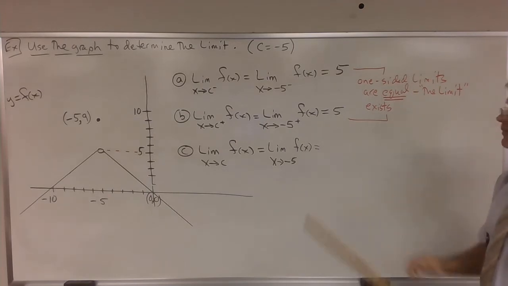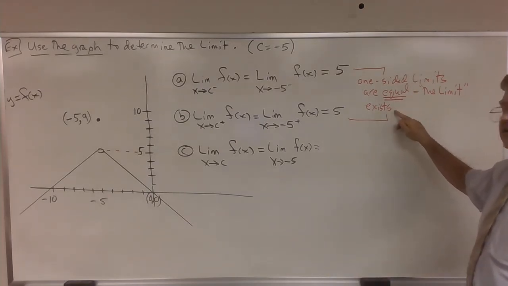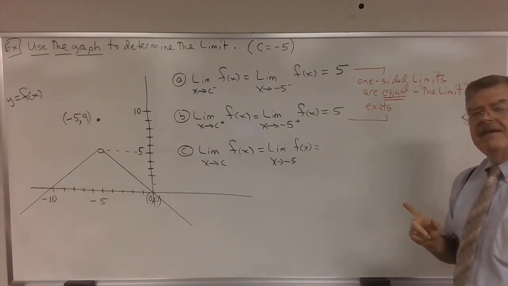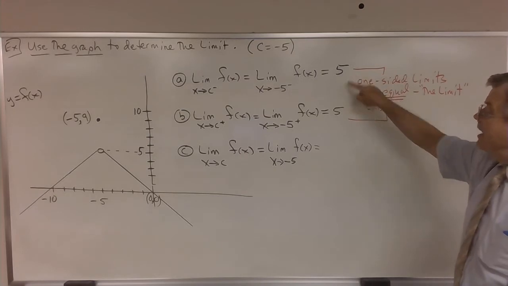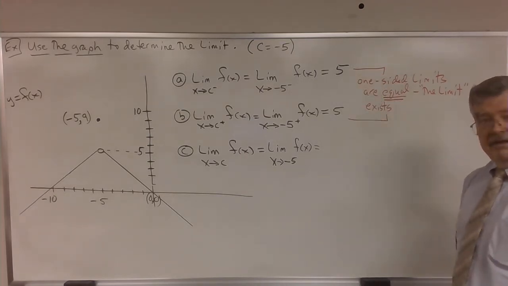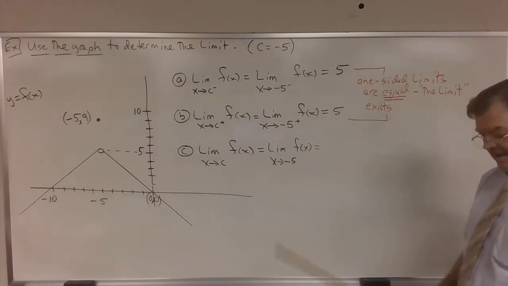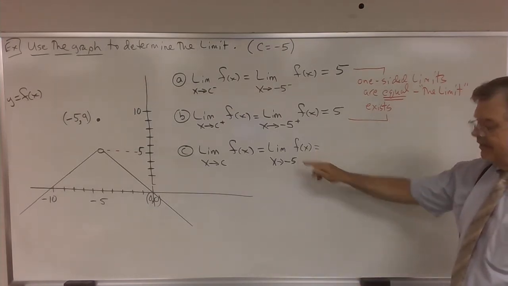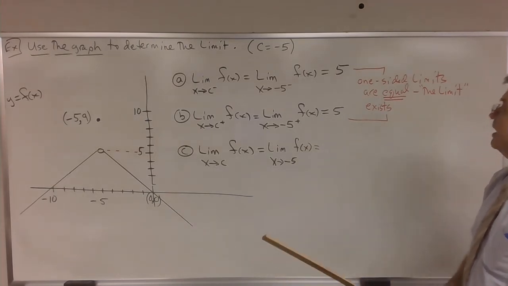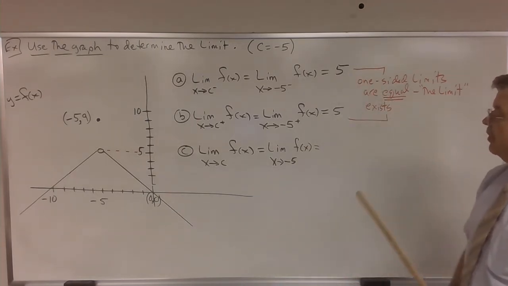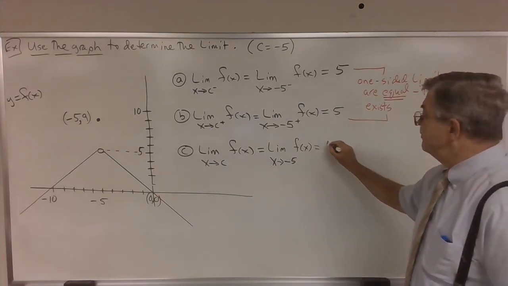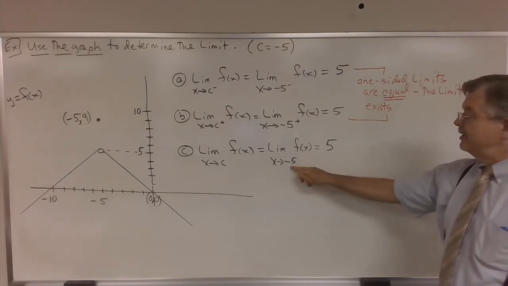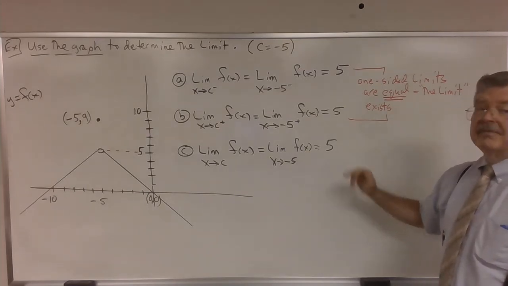And not only does the limit exist, but it's always going to have the same value as the common value of the one-sided limits. So what value does f of x approach as x goes to -5? It's the common value of the one-sided limits, 5. So the limit of f of x as x approaches -5 is 5.